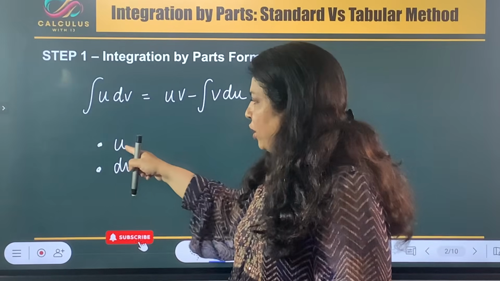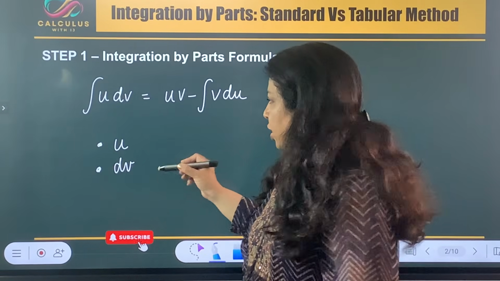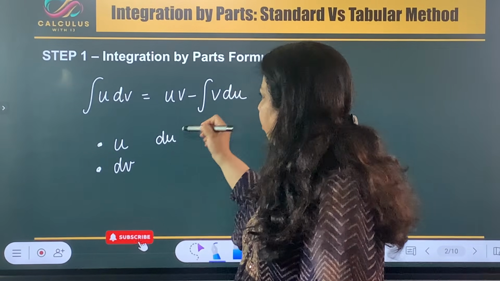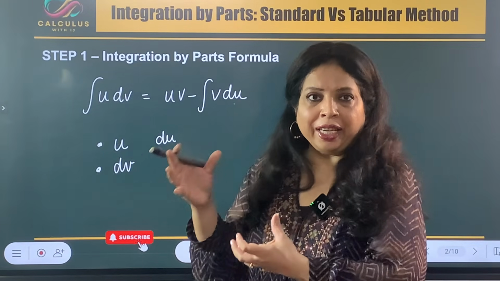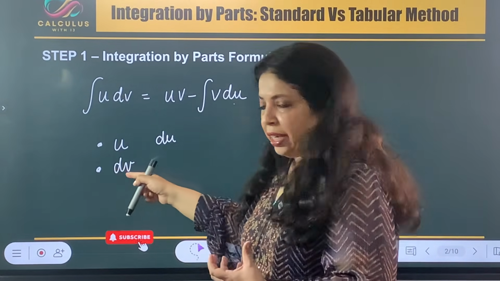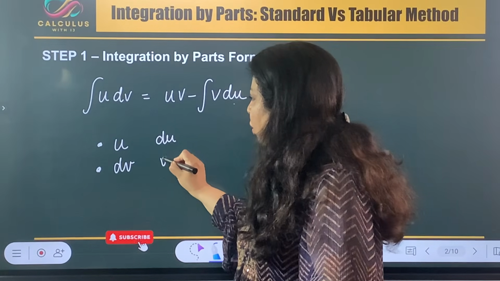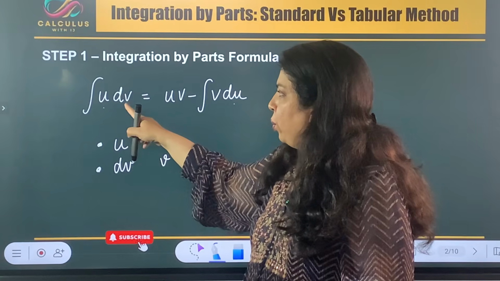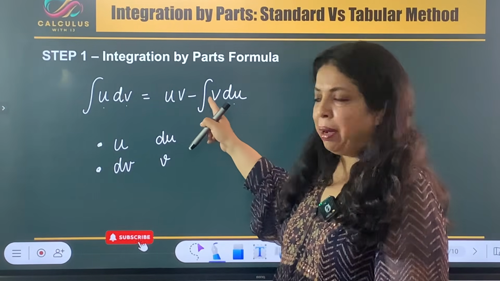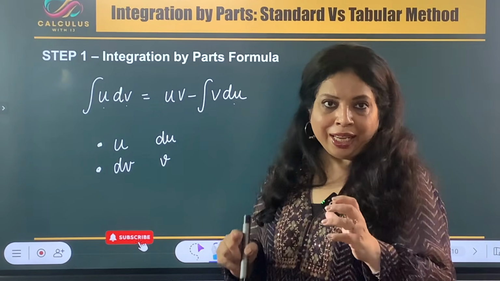So when we choose u as the first function, we take its derivative, which is du, and when we take the second part of the integrand as dv, we integrate it to find the value of v. So this formula applies: integral of u dv is equal to uv minus integral of v du.